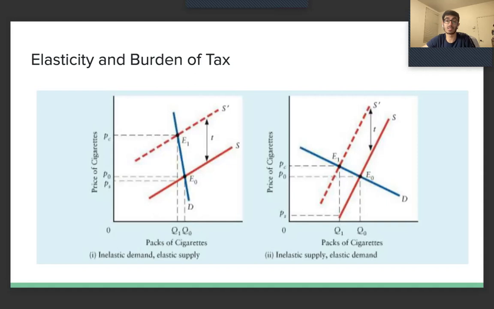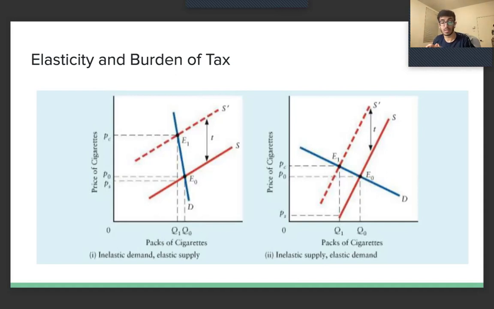So in that case, think of tax as an increase in price, right? When we know that the consumers won't react that harshly in terms of changing the quantity demanded, we can shift more of the burden to the consumers, because we know that they're not going to react drastically in terms of reducing their quantity.